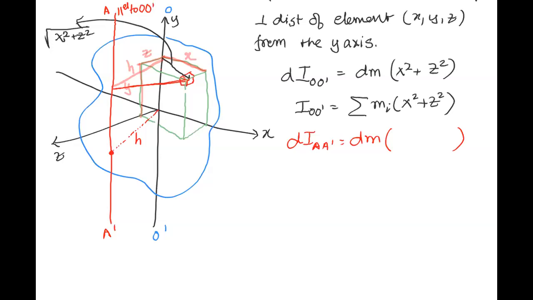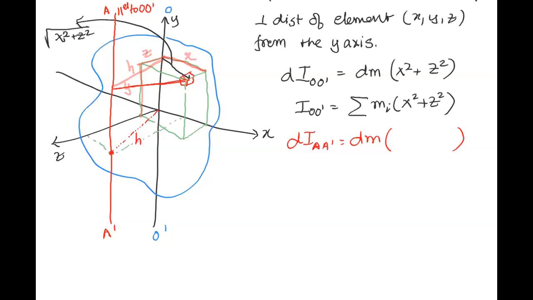Would it be of further help if I told you the x and z coordinates of the point where the OO dash axis cuts the XZ plane?